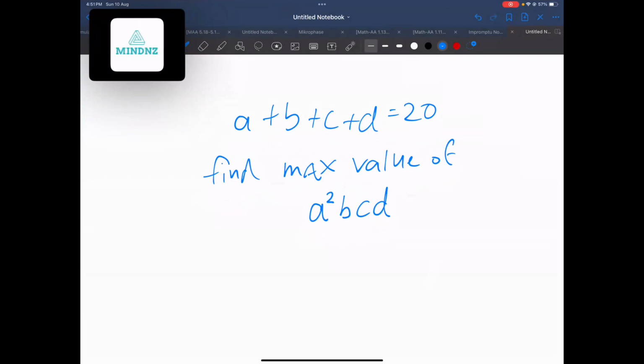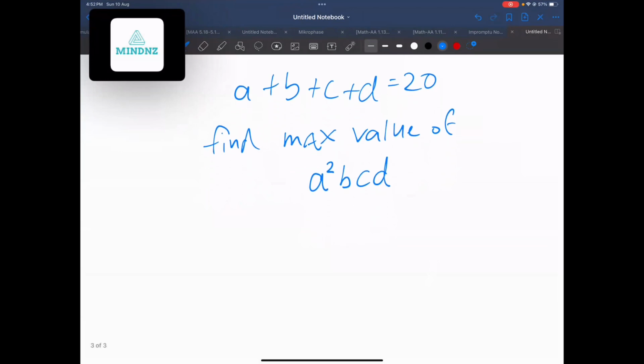So we want the maximum value of a squared b c d, which means that we kind of want a to appear double the amount of times as b, c, and d, right? So what if we set up our AMGM like this? a over 2 plus a over 2 plus b plus c plus d, and then we divide it by 5 because that's the number of terms.